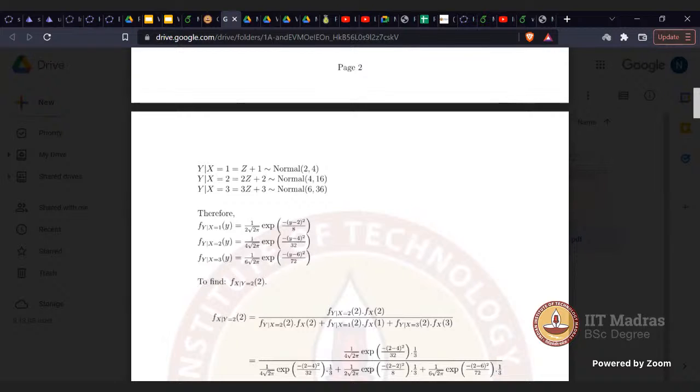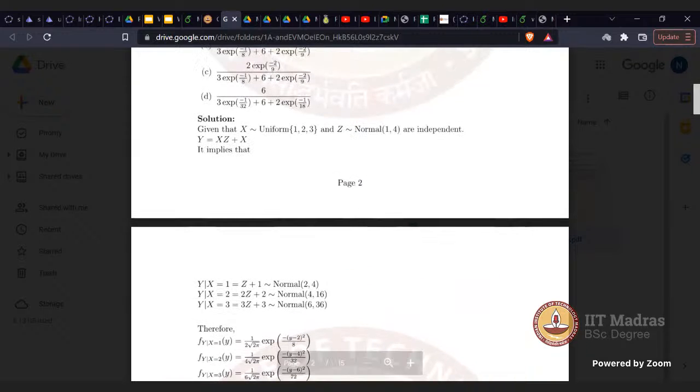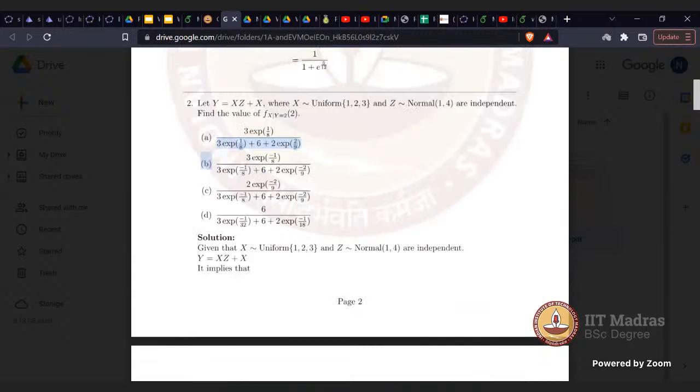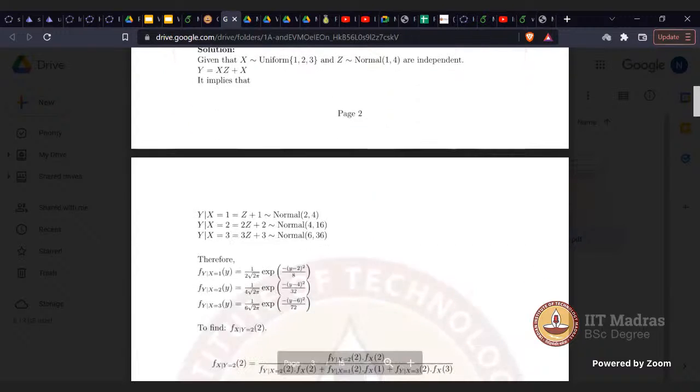See, you had to find the distribution of y given x, right? Now x is taking the values 1, 2, 3. So given x equals 1, if you put x equals 1 here, y given x equals 1 is going to be z plus 1. And now z is what?